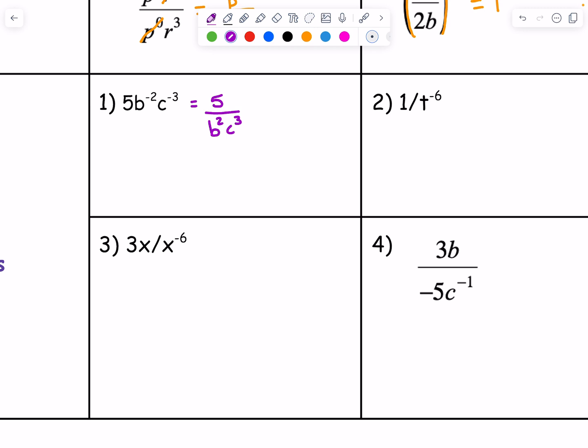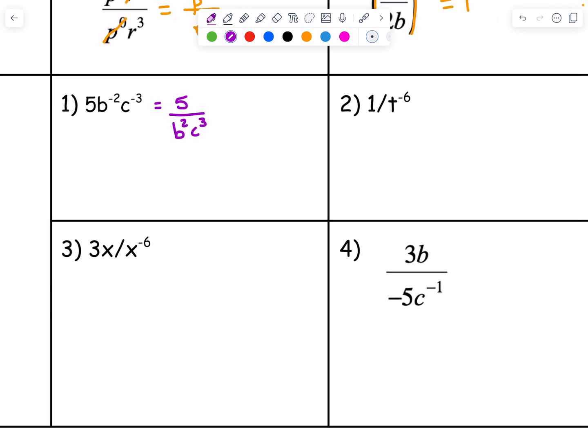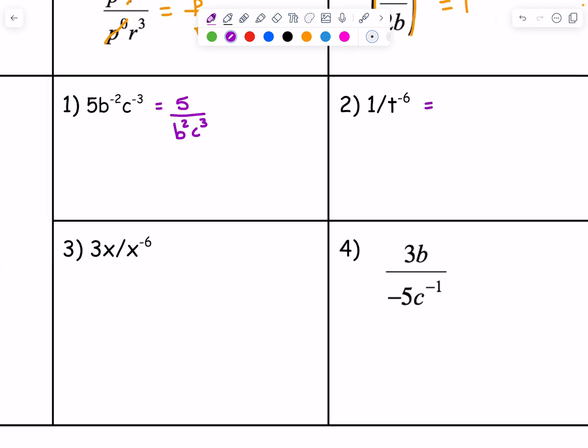So they had to move to the bottom. Number 2 has 1 over t to the negative 6. So it looks like this. And in order to fix it, I have to move that to the numerator. And since there's only a 1 in the numerator, I just would have t to the 6th. So technically it's over 1 now, but we normally just write that as t to the 6th.